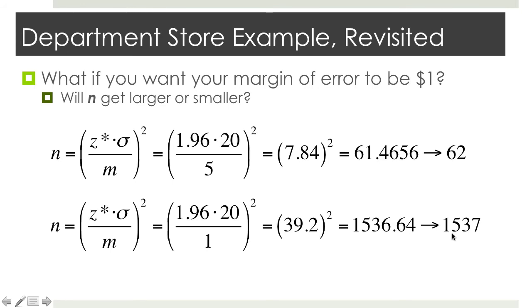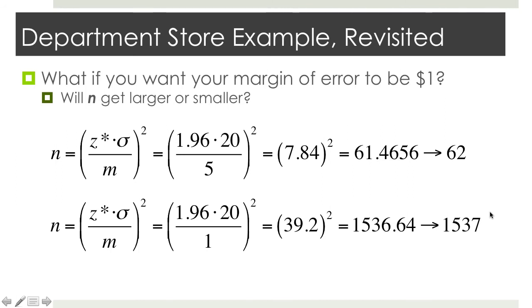So if you want a very small margin of error, if you want to be 95% confident, and you want to be within $1 instead of 5, then your sample size is going to get much larger. And so you can go back to your manager and say, whoa, wait a minute, that we would need a sample size that's way too large, so we have to decide what trade-off we want to make here.